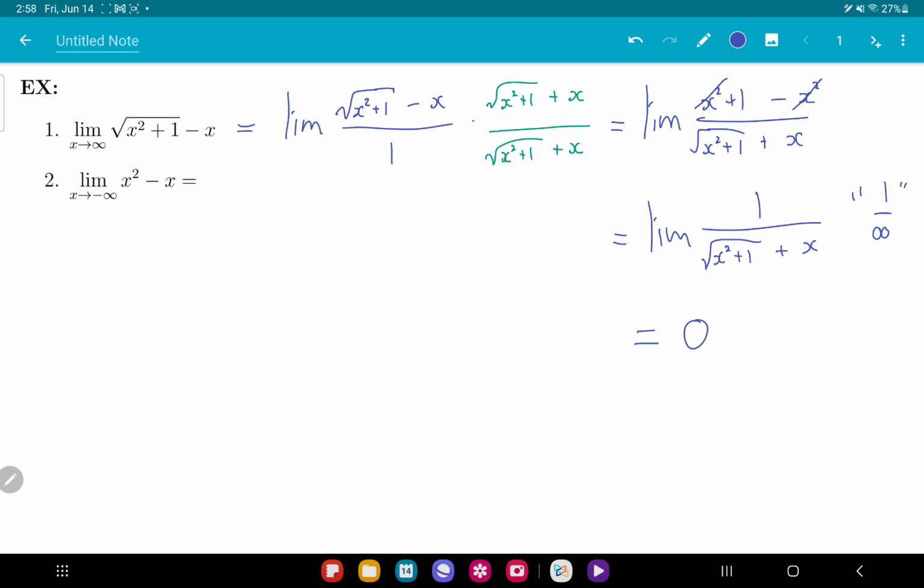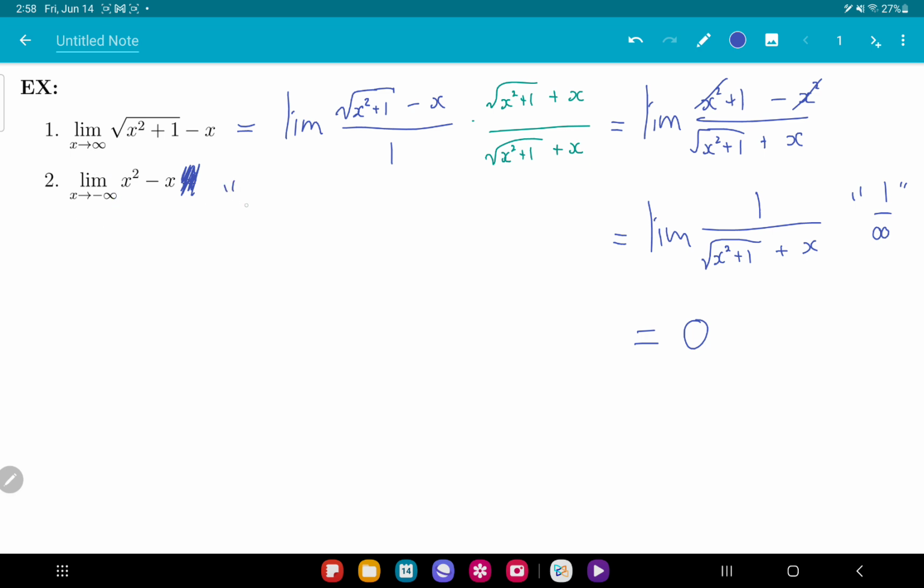Okay, number 2 is a bit of a trick question. You should always start these things by just mentally plugging in your value here. So I got minus infinity. And what does that give me?